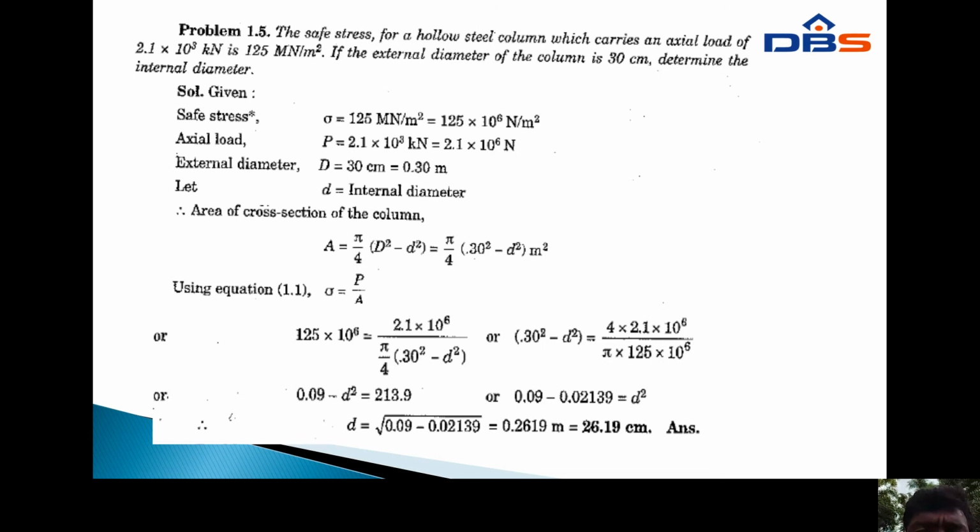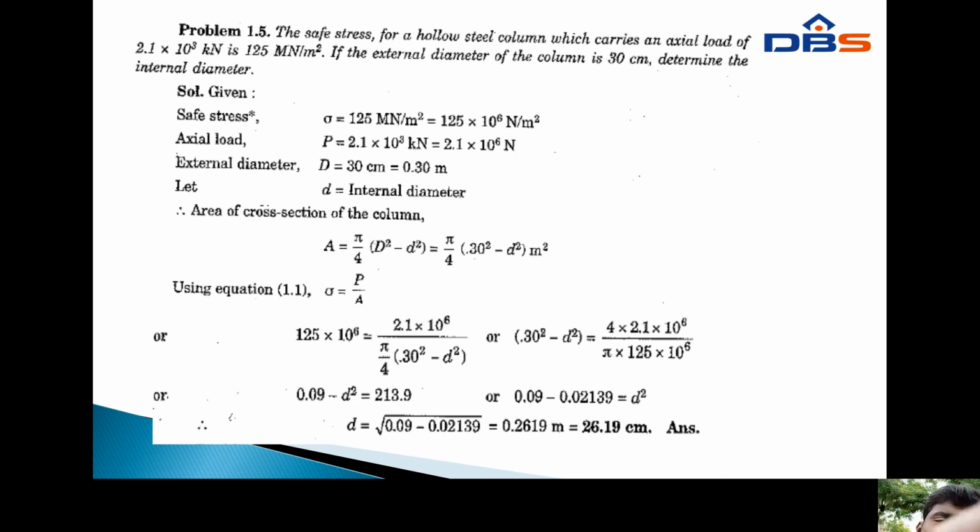In this problem, sigma equals 125 into 10 power of 6, that equals P, 2.1 into 10 power of 6, divided by area, pi by 4 into (0.30 square minus d square). In this equation, to calculate the small diameter, 0.30 square minus d square equals 4 into 2.1 into 10 power of 6 divided by pi into 125 into 10 power of 6.